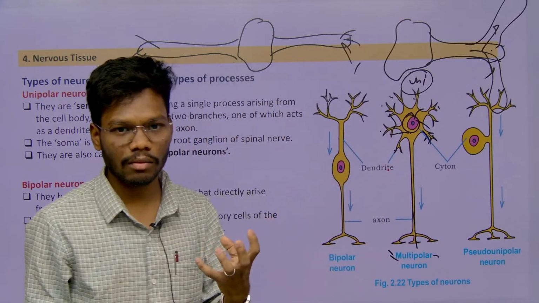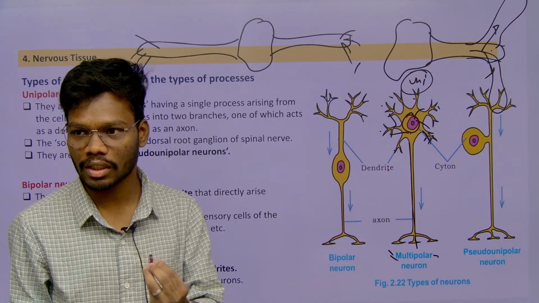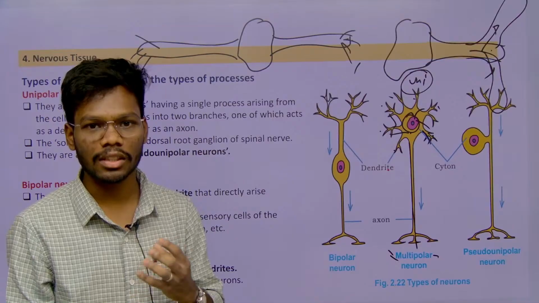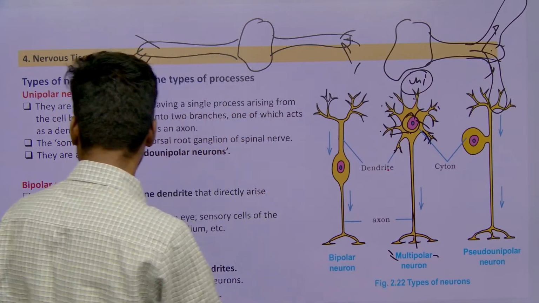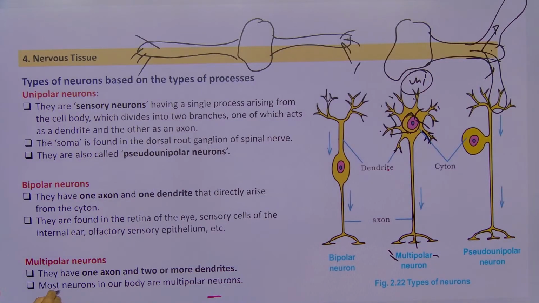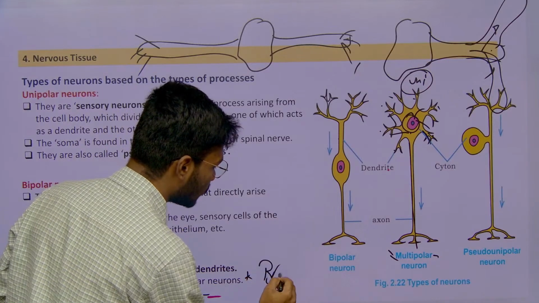The brain is the one having connections to the whole body. It receives all the signals from the eye, ear, hands, limbs, all these things, right? So definitely multipolar neurons are present in the brain.